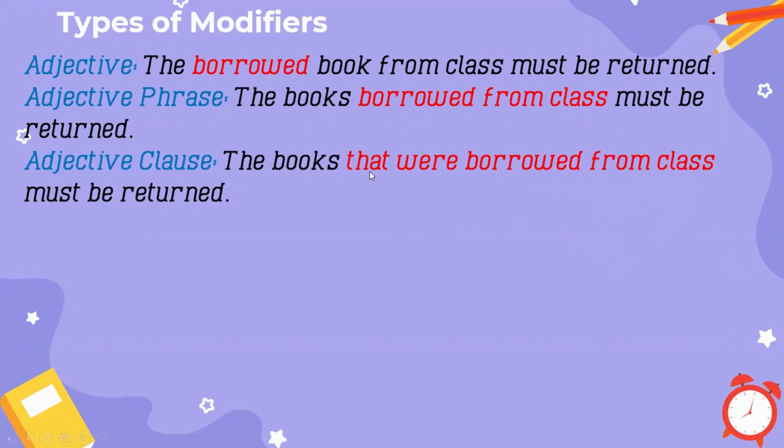The books that were borrowed from class must be returned. That were borrowed from class, modifying still the subject. Now what I'm trying to say is, adjectives can be in a form of a single word modifier, can also be in a form of a phrase, or in a form of a clause, but still they function as one, or what we call an adjective, because it modifies.